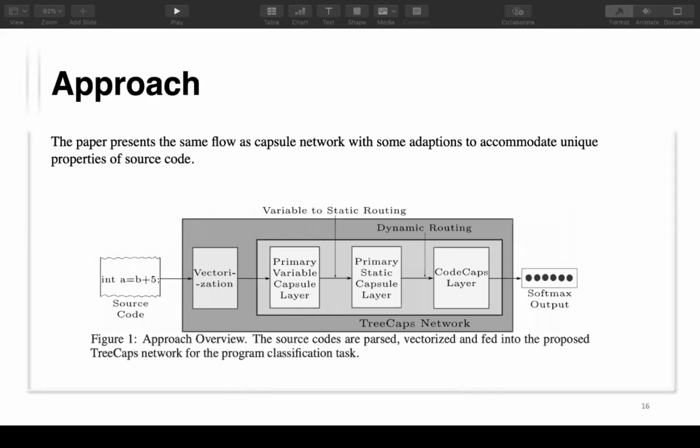After the vectorization, we apply 3 capsule layers, named the primary variable capsule layer, the primary static capsule layer, and the class capsule layer. After that, it outputs the probability of classification after the softmax layer. Next, I will introduce in detail what's going on in each layer.